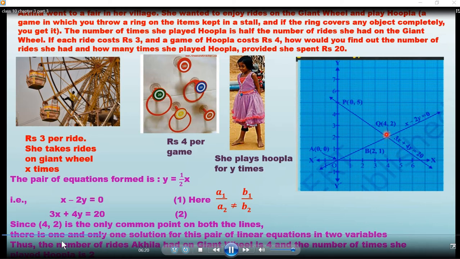Yes, rides is indicated by X. So 4 is a number which indicates the number of times she rides on giant wheel. And 2, which is Y, it indicates the number of times she played hoopla. Now this was the example which shows that the two lines are intersecting at one point.